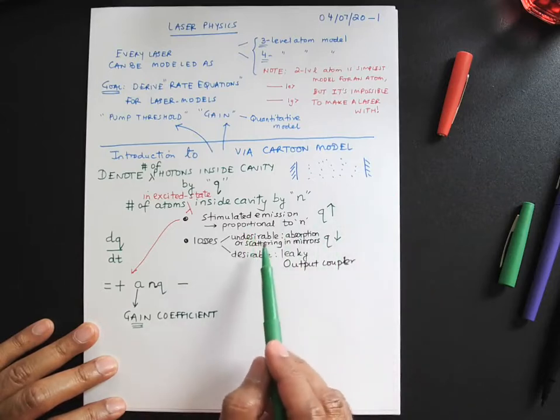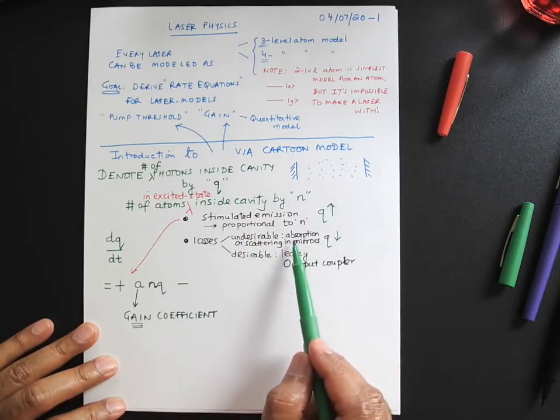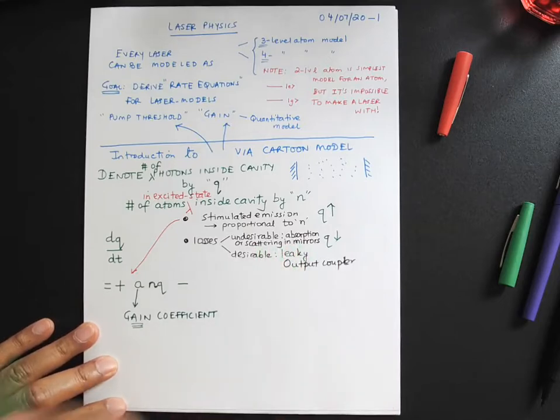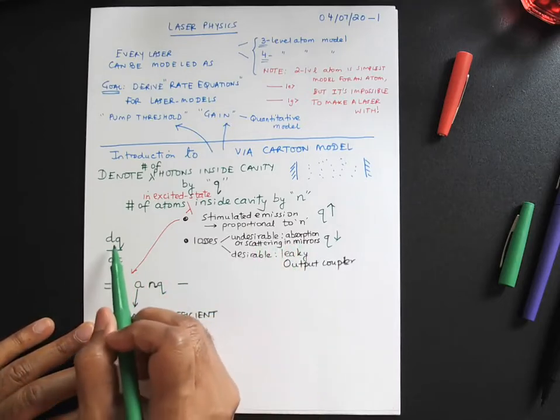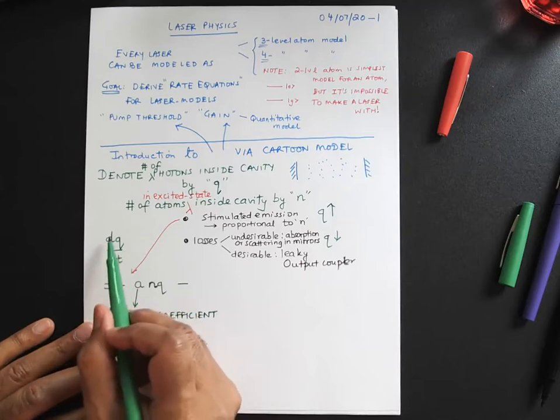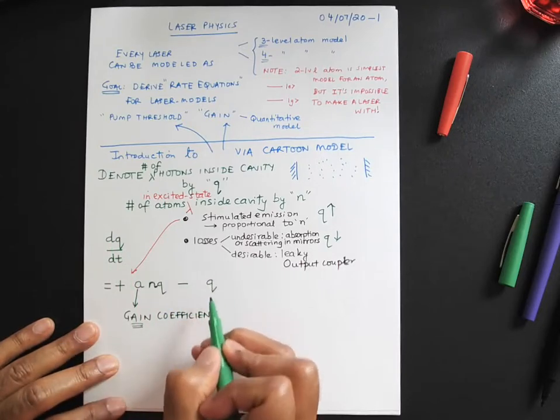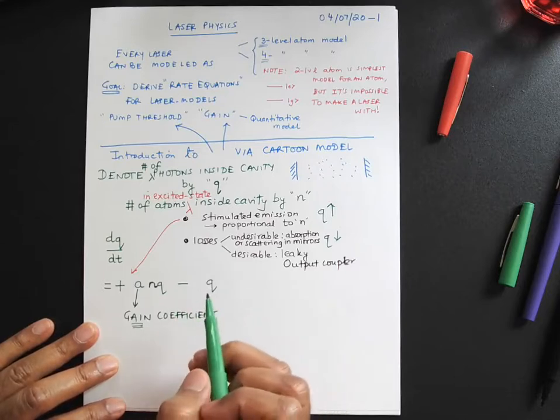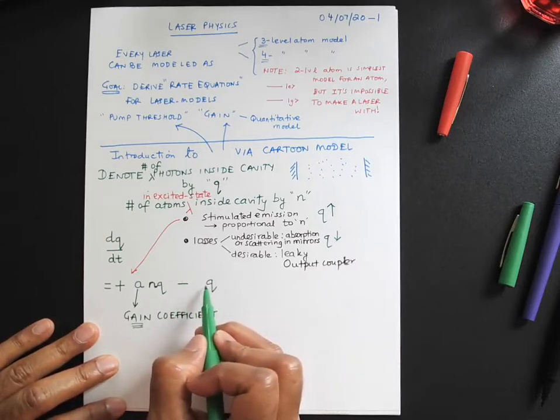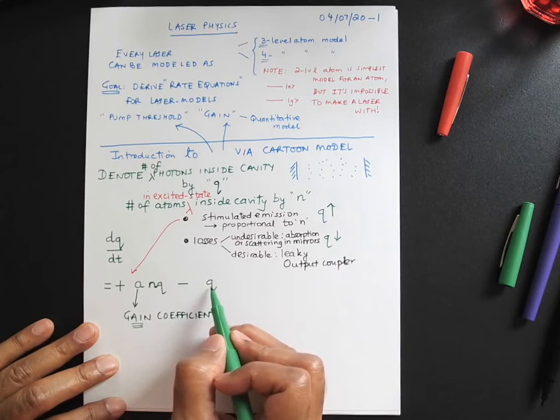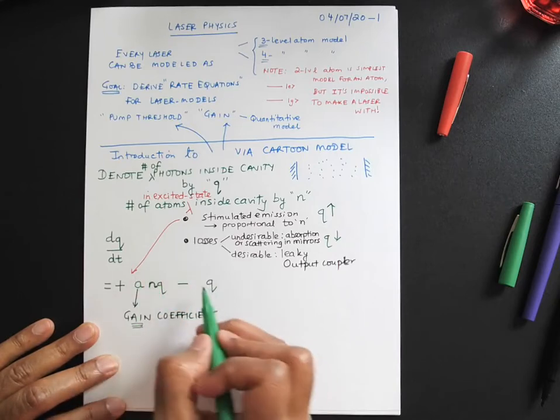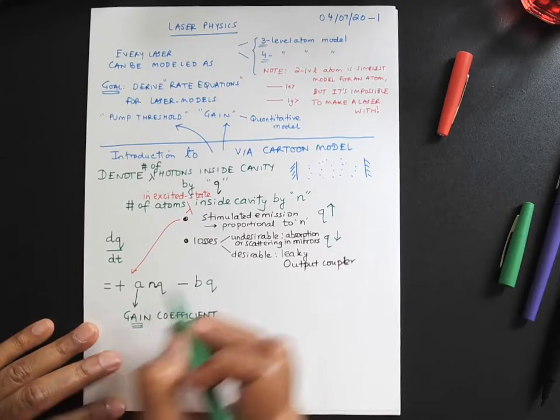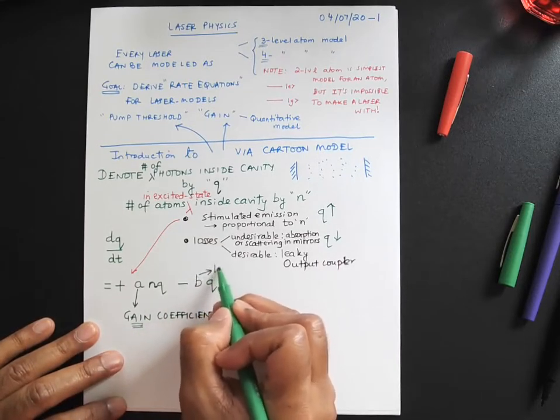And also, the more photons you have inside the cavity, the more you will lose through absorption or scattering at the mirror. So the proportionality for the loss is simply, the more you have inside the cavity, the more you will lose. But of course, that's a proportionality relation. What about the equality? So I have to put in another constant, okay? And this is called the loss rate.